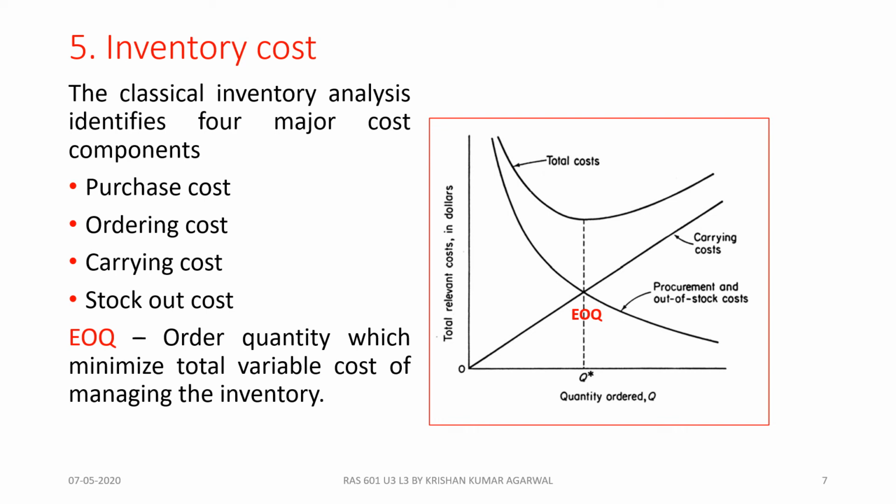So initially it is very high, but as the ordering quantity increases, the procurement cost decreases, because one can get different kinds of discounts from the vendors or suppliers of the material. Here, the interfacing point is known as EOQ, which stands for economic order quantity. It is the quantity of material ordered for which the minimum total variable cost is required to be incurred.